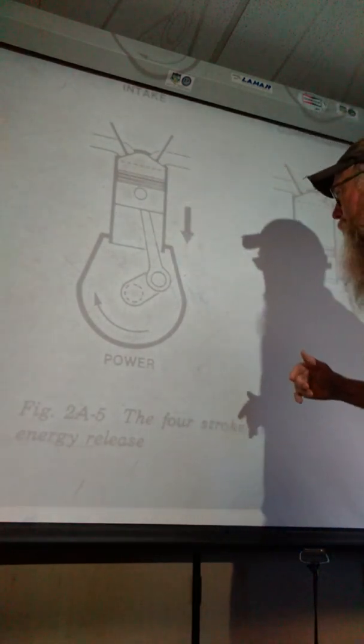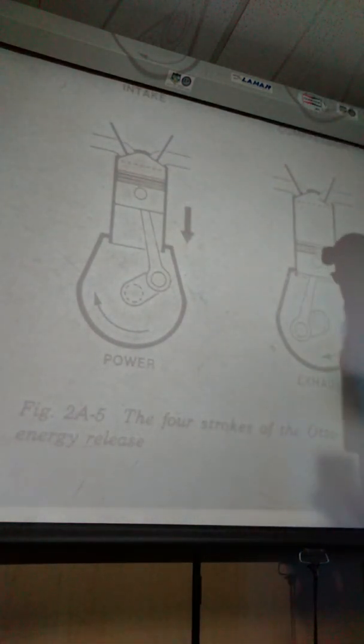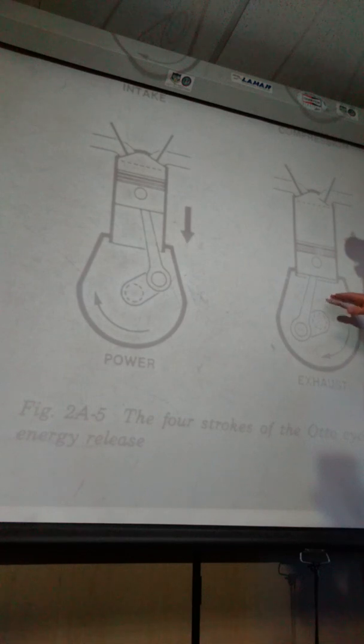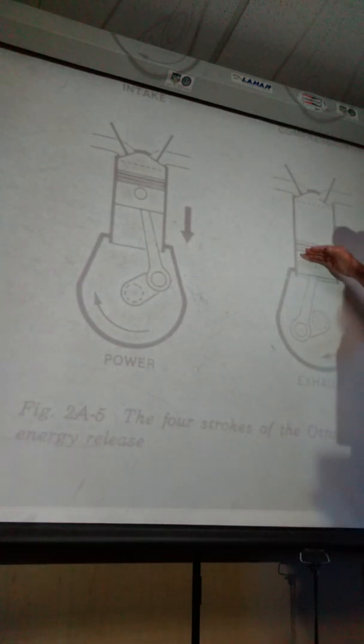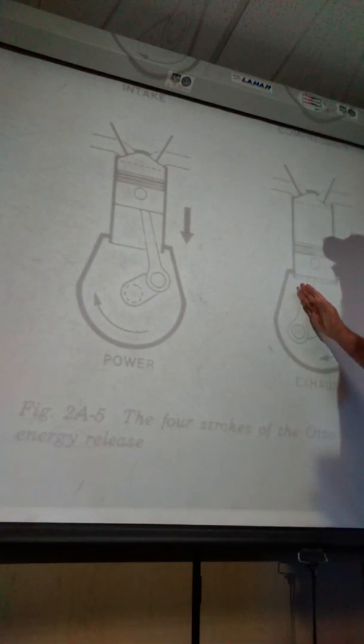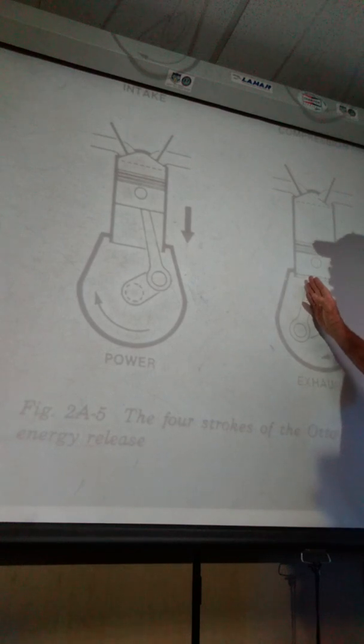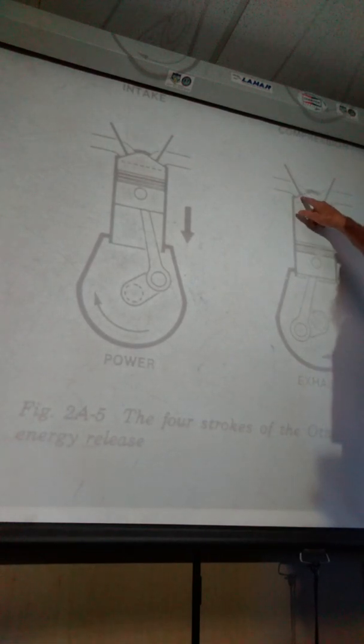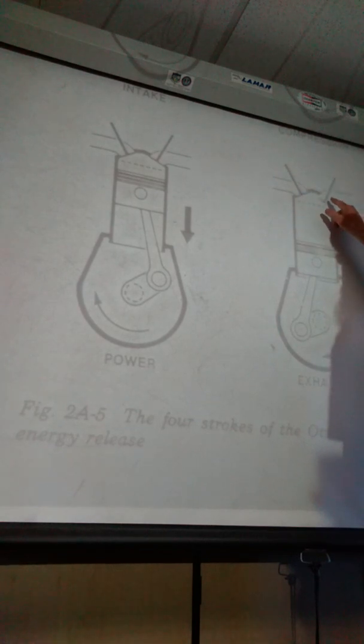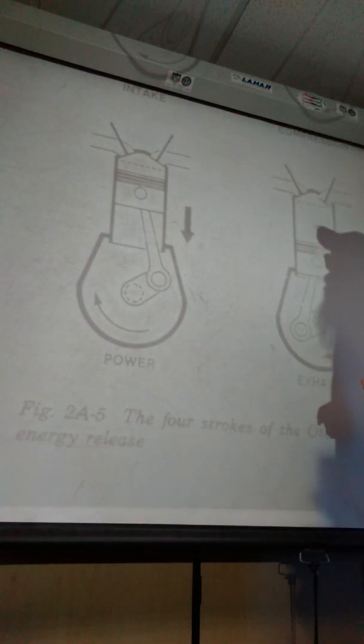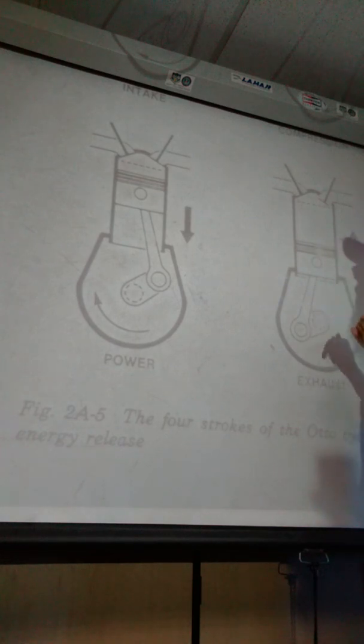So if I go back over here to the exhaust, where I was on that last stroke, pushing the exhaust gases out, the crankshaft would get up here about probably 10 degrees before top center, and my intake valve would open, while the exhaust valve is already open. It actually closes a little bit later.